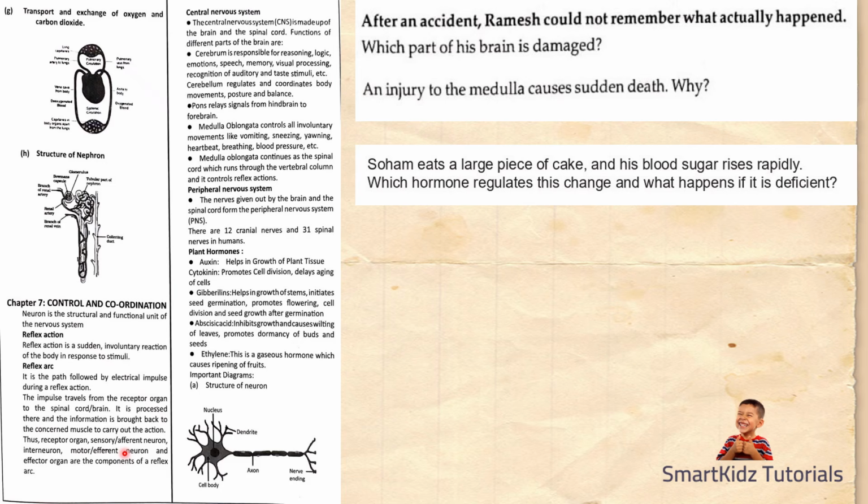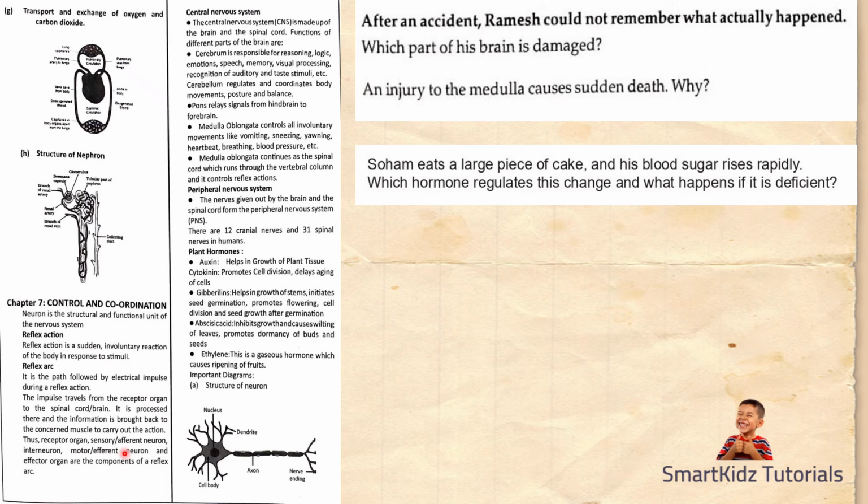Application questions can come, like what if somebody gets hit on the forebrain, what happens then? Or somebody meets with an accident and gets hit on the hindbrain, or behind, then what happens? Sometimes it may say somebody met with an accident and went blind.